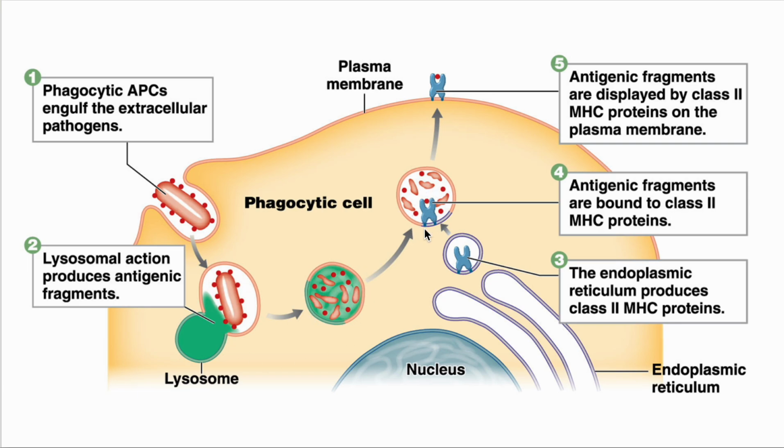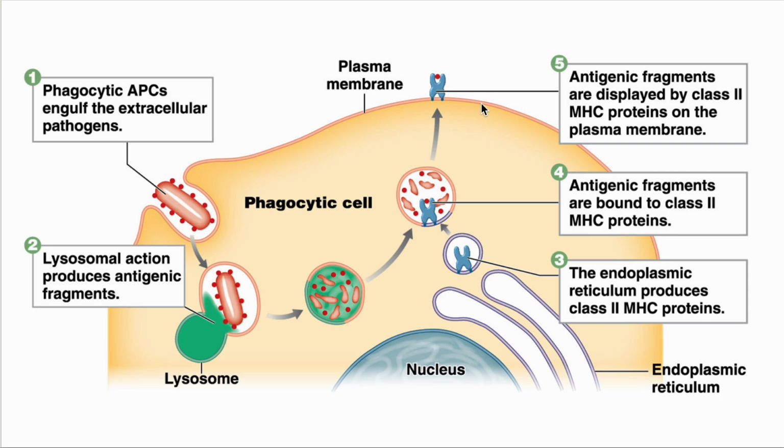And that's when the little protein bits can be bound to an MHC2 protein, and that will move out to the cell membrane and be displayed on the surface. So now our macrophage or our monocyte or whatever this cell might be is now showcasing an antigen on an MHC2 protein, which means it can alert other immune cells to the presence of this pathogen.